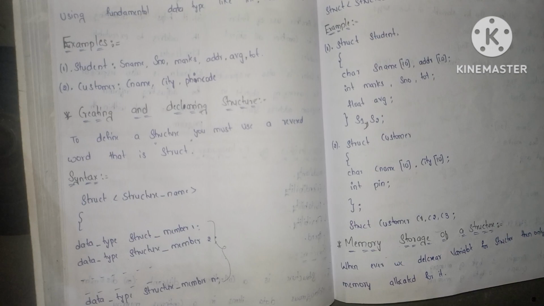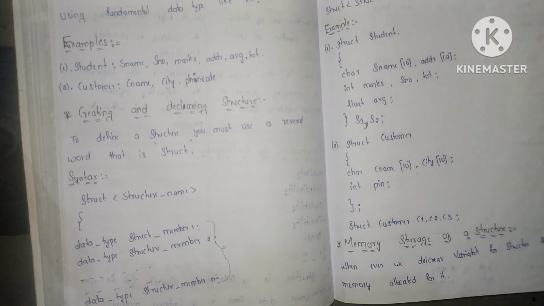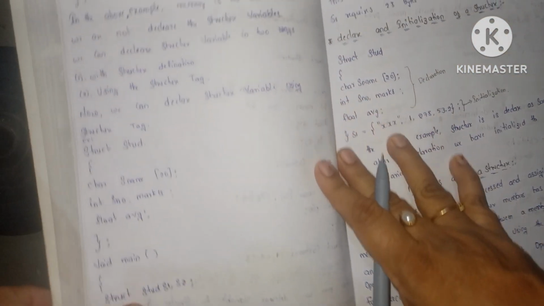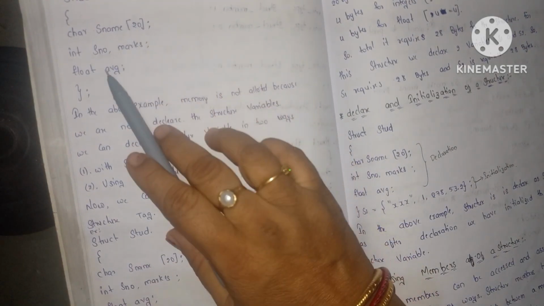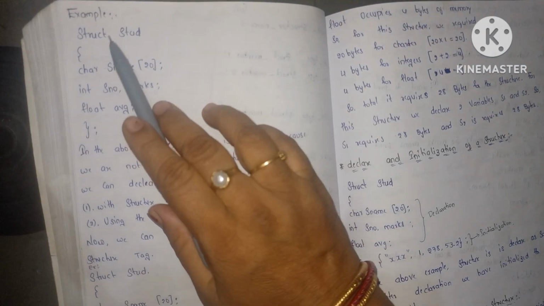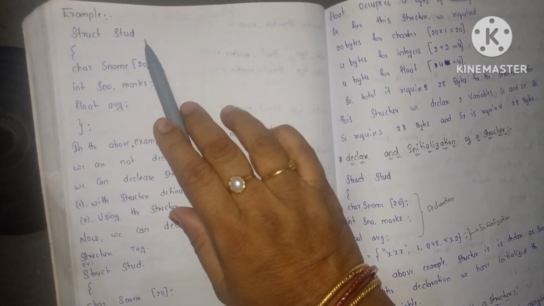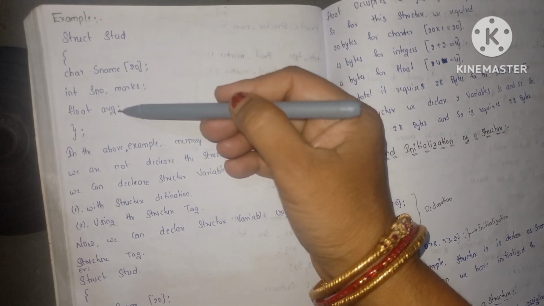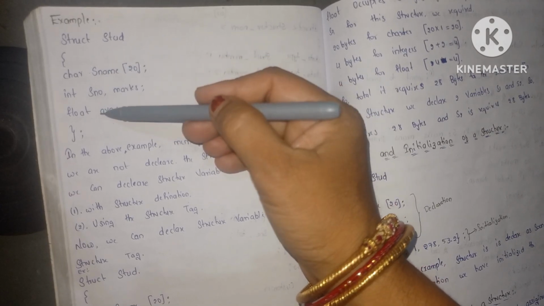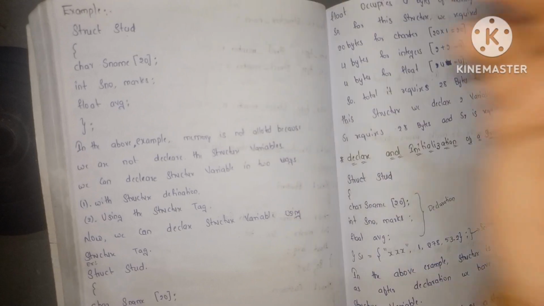Next, the memory storage of a structure. Memory storage of a structure means how much memory is allocated and when the memory is allocated. Here the example is the student structure with the variables name, serial number, marks and average. That means four different data types, four variables, and the semicolon is there.